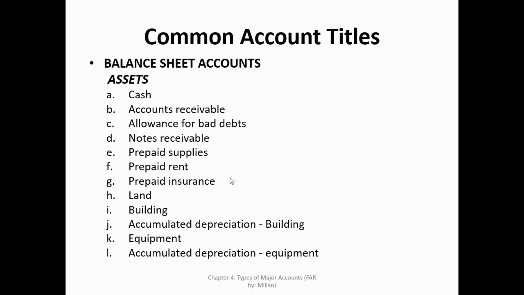Second year, 10,000. Third year, 10,000. So, magkano ang accumulated depreciation na ni building after 3 years? So, ang answer is 30,000. So, ang accumulated depreciation is yung total na ibinaba na ng value niya as of the period. So, yun yung accumulated depreciation.